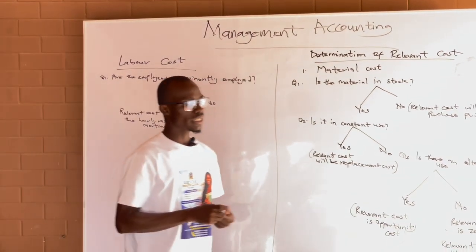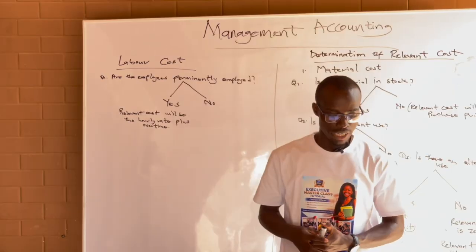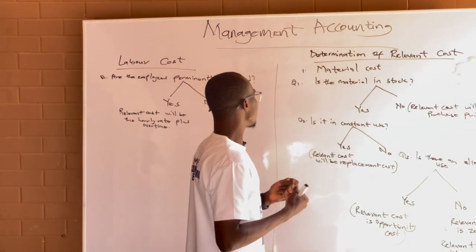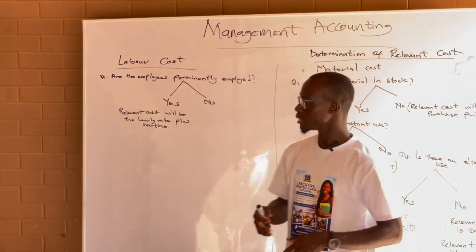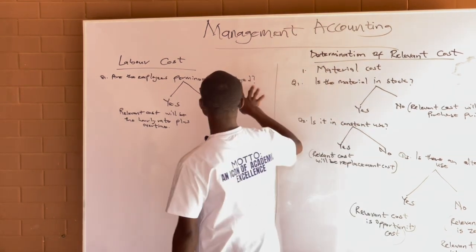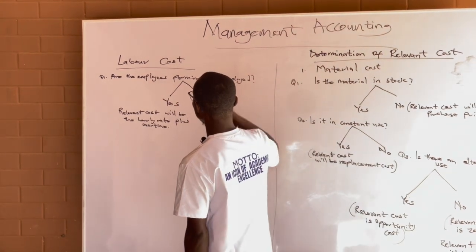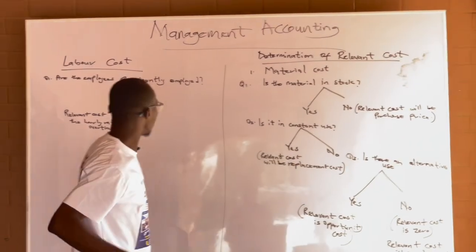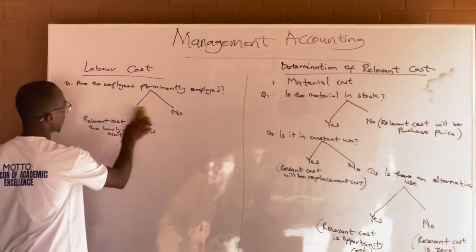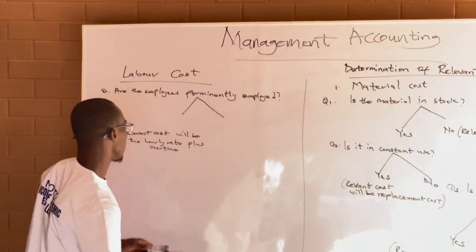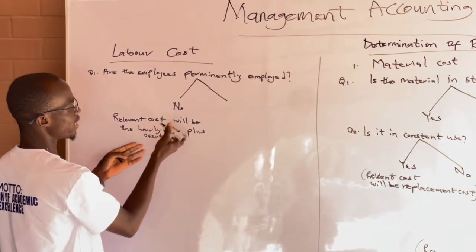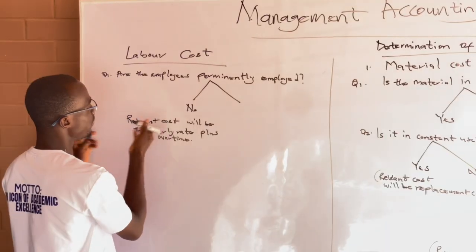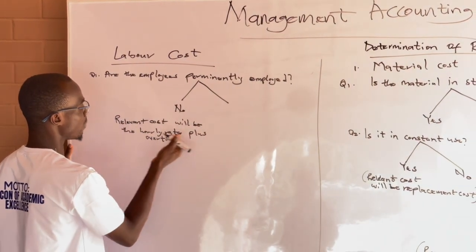But if the employees are not permanently employed, you need to ask yourself another question. If you say no, they are not permanently employed, you need to pay them, and the relevant cost is the hourly rate plus the overtime.